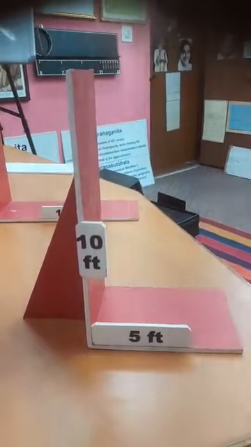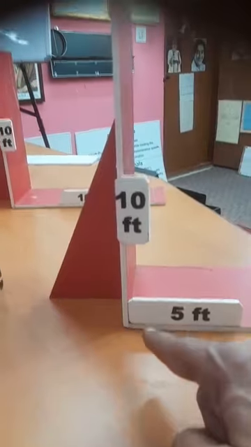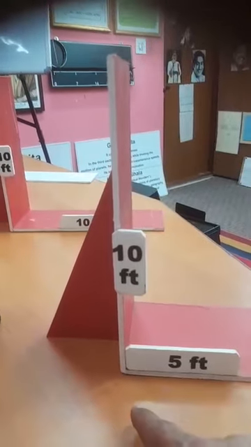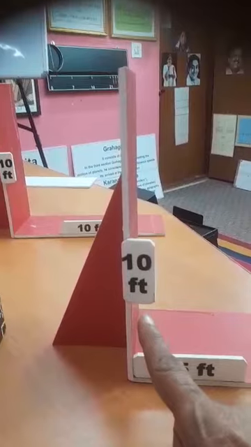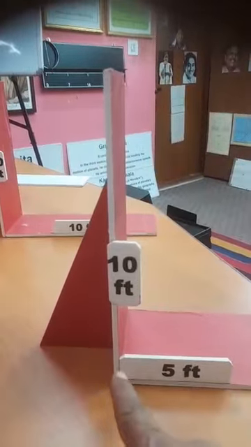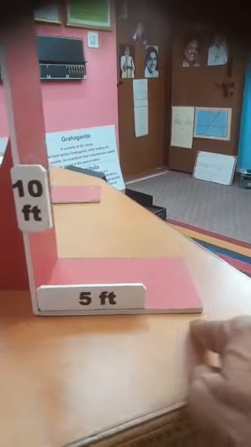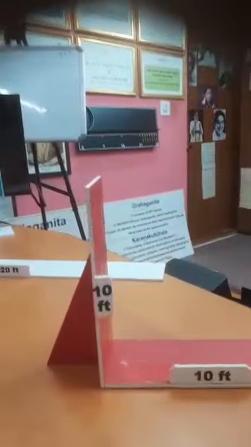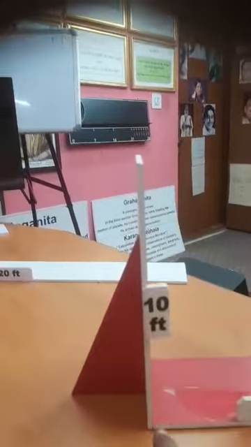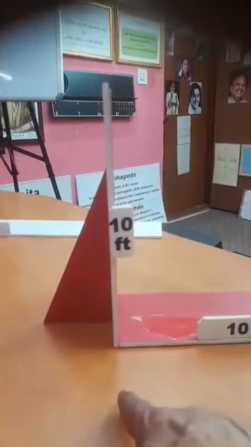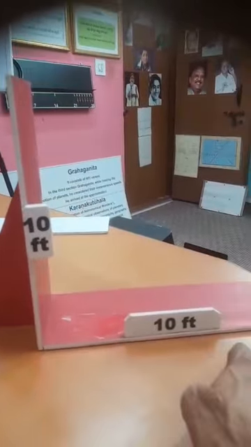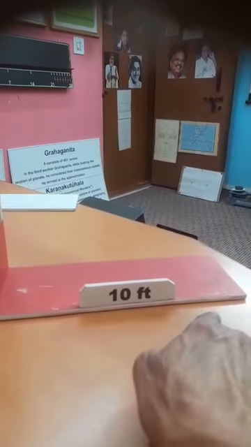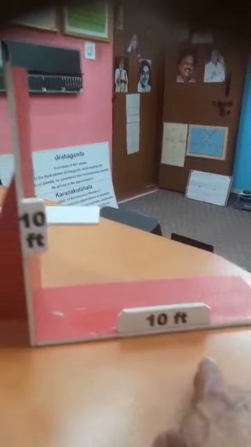There are three cases. Let the height of this wall be 10 feet. It is not to any scale. And the distance on the floor is 5 feet. In the second case, let us keep the height constant as 10 feet, but the distance on the floor is 10 feet now.